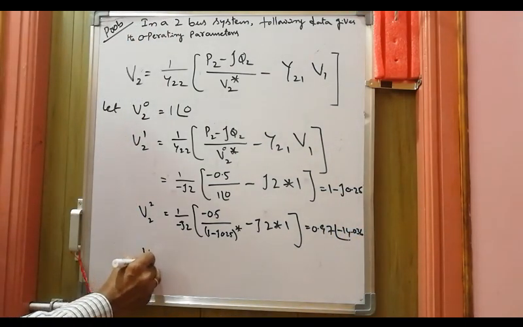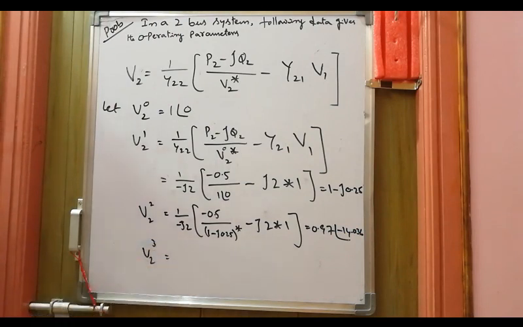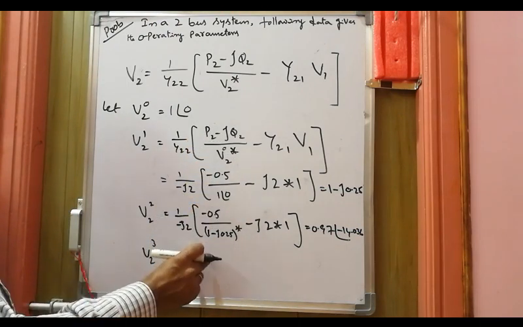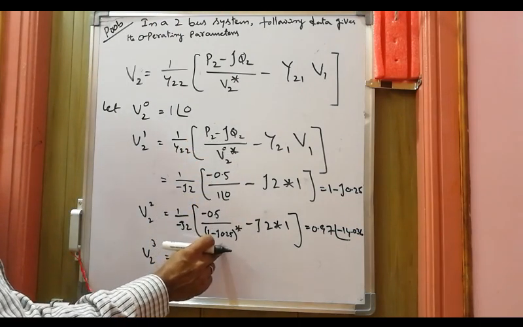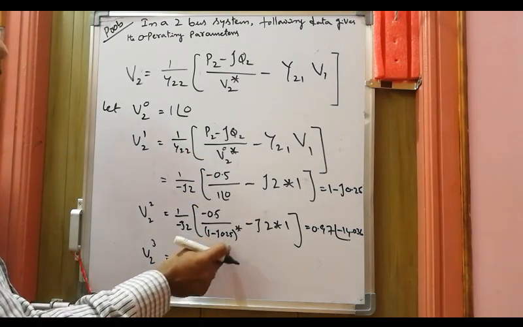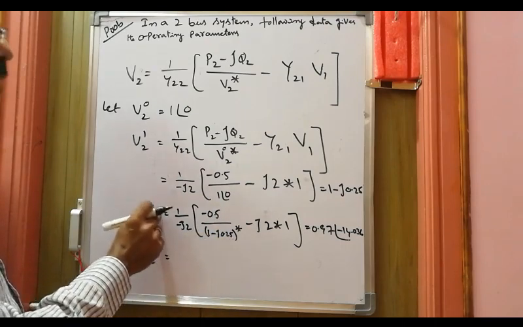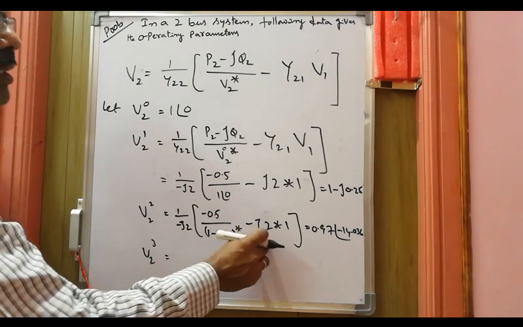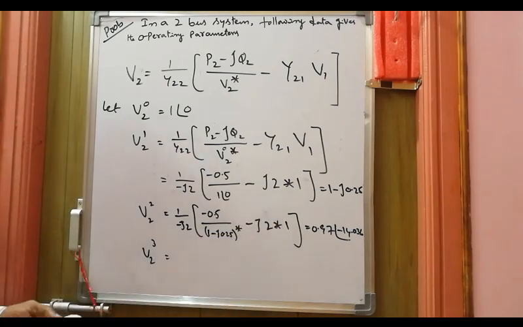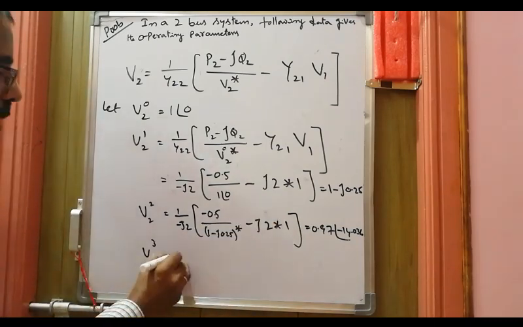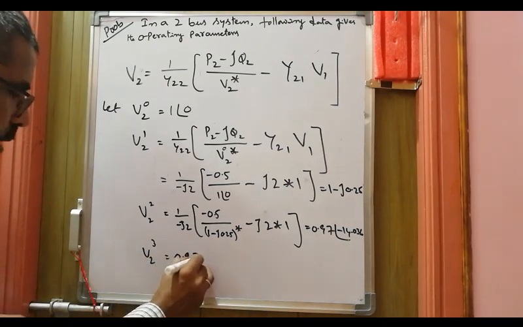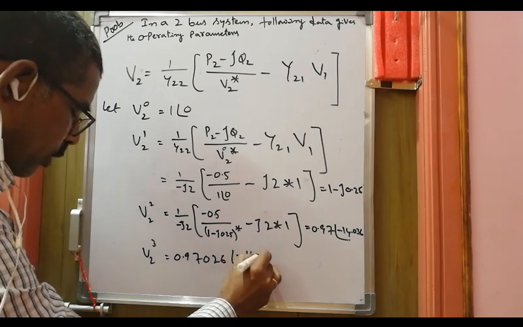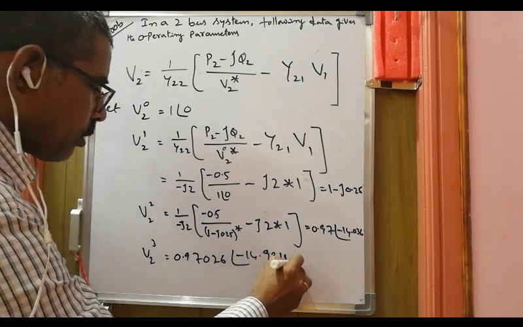Suppose you want V23. V23 is 1 by minus J2, same; P2 minus JQ2 is same. V2 conjugate, that V2 is to be substituted here, and minus J2, all this remains same. So these things I will be writing: 0.97026 angle minus 14.9314.